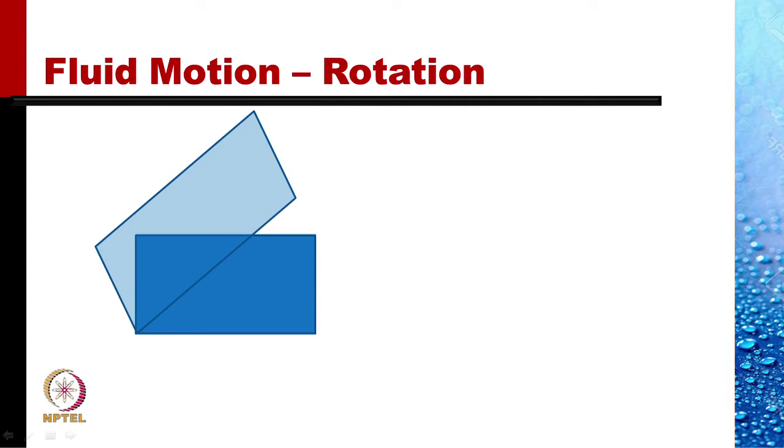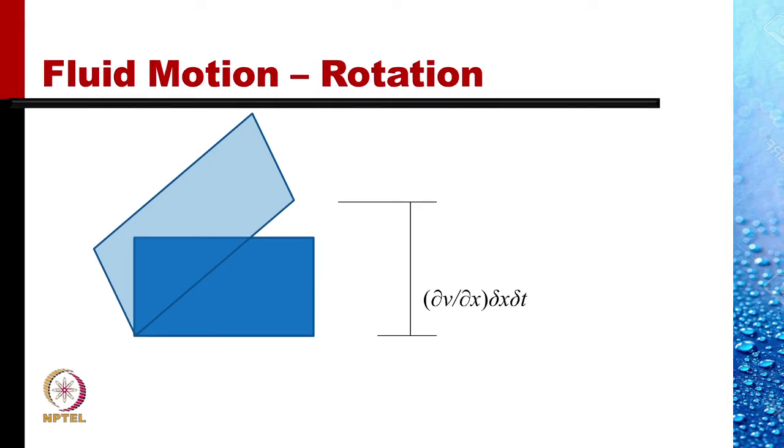So we removed the translation in x and y direction. We are worried only about rotation. The bottom rightmost point has moved up relative to its original position, and that's because of the velocity gradient, because of the difference of v velocity in the x direction.